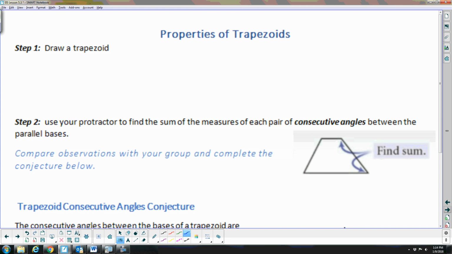So the next polygon we're looking at is a trapezoid. A trapezoid is a quadrilateral, and we know that it has one set of parallel sides. So the first step is I've asked you to draw a trapezoid.